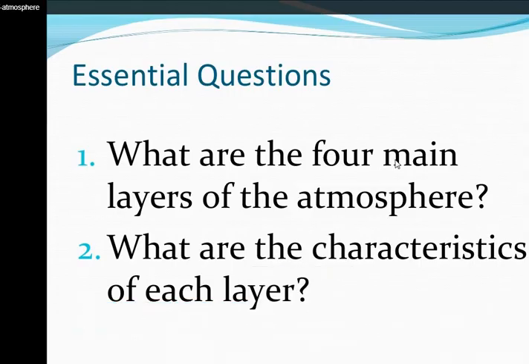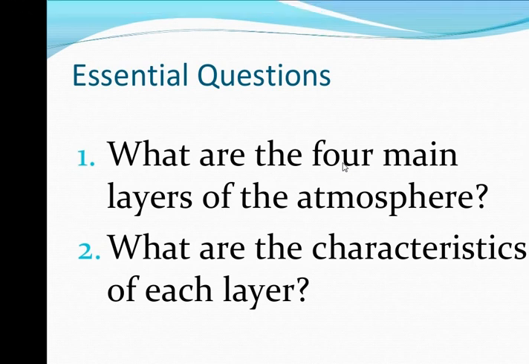So here, what are the 4 main layers of the atmosphere? Look here, 4. Why 4? Because some books mention that the thermosphere and exosphere are the same layer. So troposphere, stratosphere, mesosphere, and then thermosphere and exosphere in the same layer.